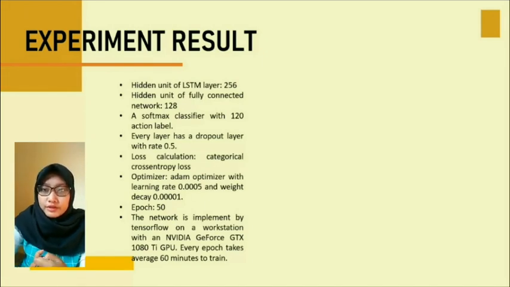We also use the softmax classifier with 120 action labels, and each layer has a dropout layer with rate 0.5. The loss we use is the categorical cross entropy loss with the Adam optimizer, and we train it for 50 epochs. The network is implemented in TensorFlow on a workstation with an NVIDIA GeForce GTX 1080.